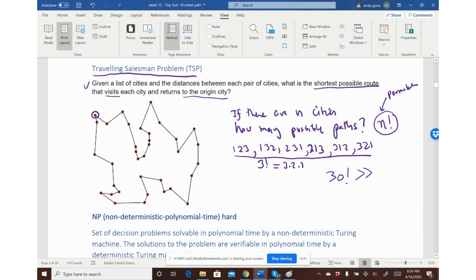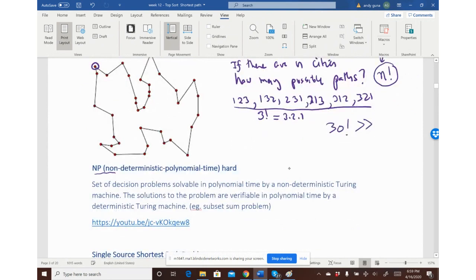Now in computer science, we call these NP-hard problems. Although we are not going to go into theory here, I just want to get you familiar with concepts you might find in future courses. In theory courses, you might run into these things, like non-deterministic polynomial time.